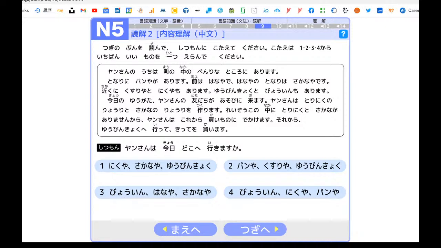So that means Yan-san needs to buy 鶏肉と魚. Okay? And then, let's see. それから郵便局へ行って切手を買います。Just mention directly. 郵便局へ行って切手を買います。So, we couldn't find 病院 hospital. So just skip 3 and 4.